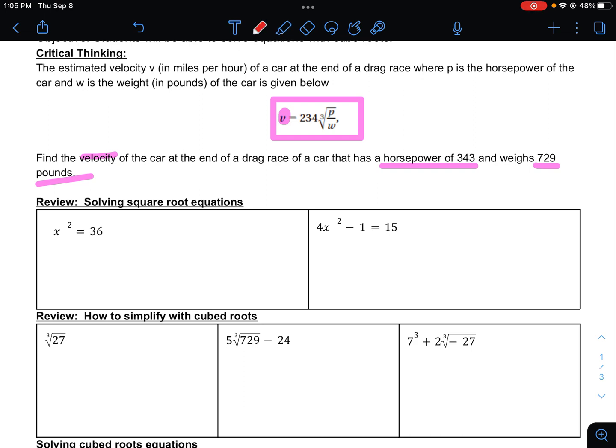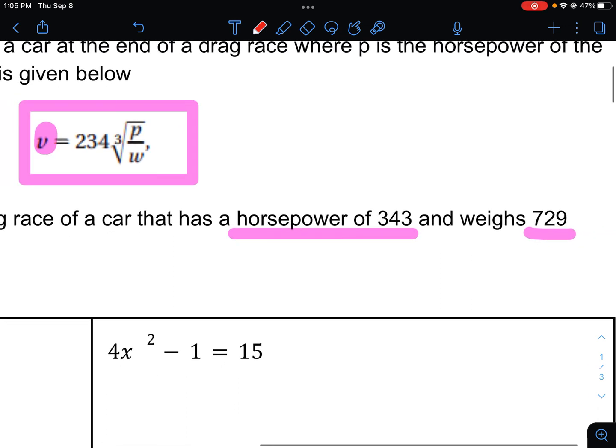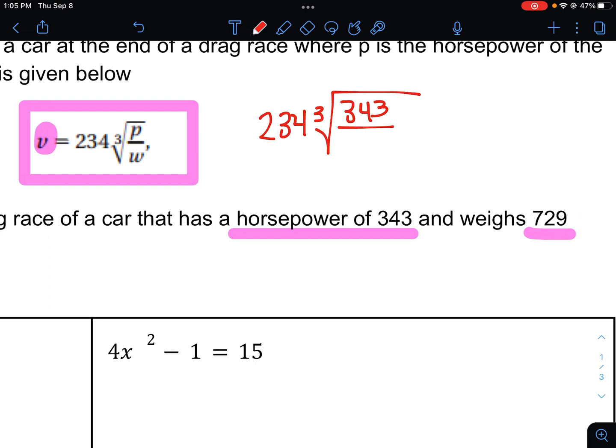So you are going to evaluate it first by putting in your P, which is your horsepower, 343, over your weight, which is 729.